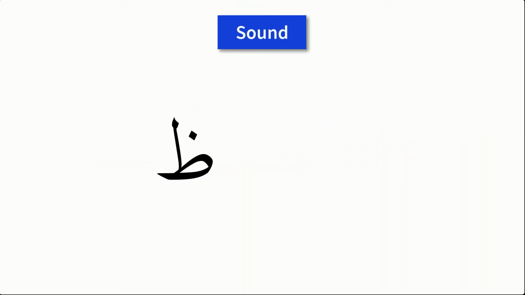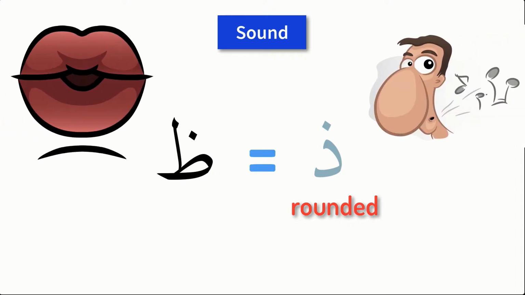The sound that it produces is a rounded Dhal sound that we encountered earlier on. It's important that you really get used to the rounded sound, so please do look at the earlier descriptions of it and take time to listen to the letter as often as you can.